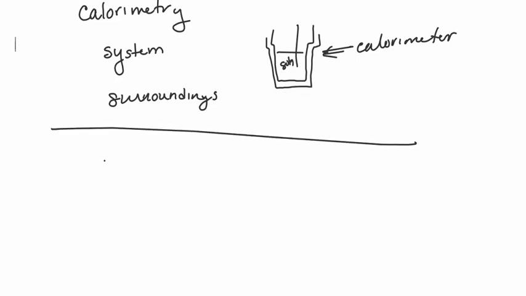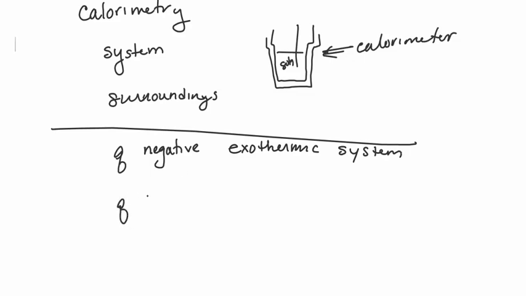So in calorimetry, we have some sign conventions. In calorimetry, Q, which is the heat, is negative when you have an exothermic system. So that means the system gives off heat. In calorimetry, Q is positive when you have an endothermic system.